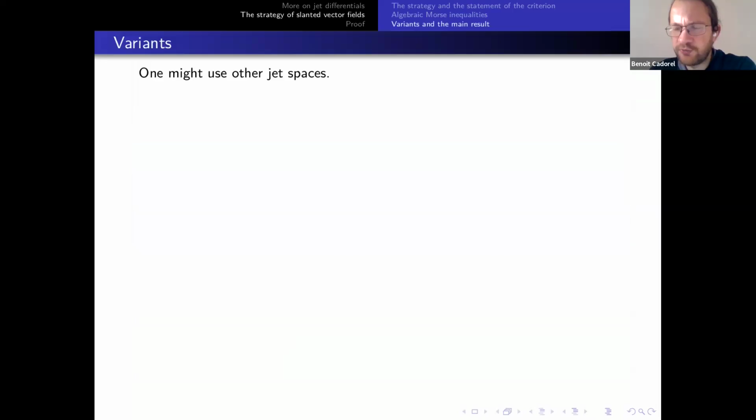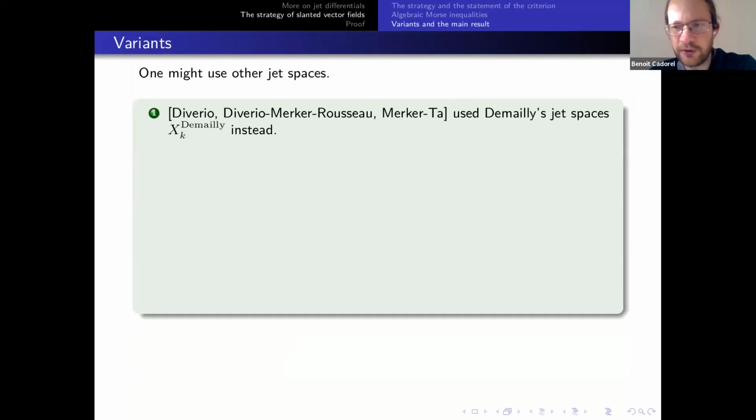Okay, so more precisely, everything I presented here was using Green-Griffiths jet spaces, but in the past, people used actually different jet spaces, more elaborate ones.